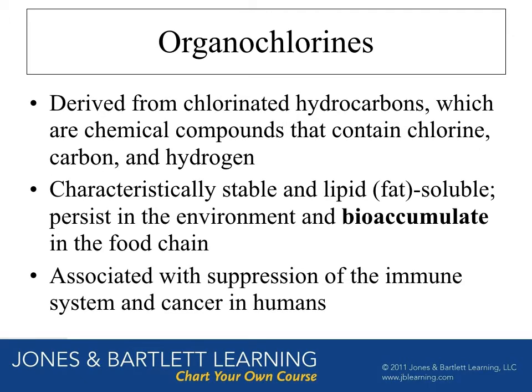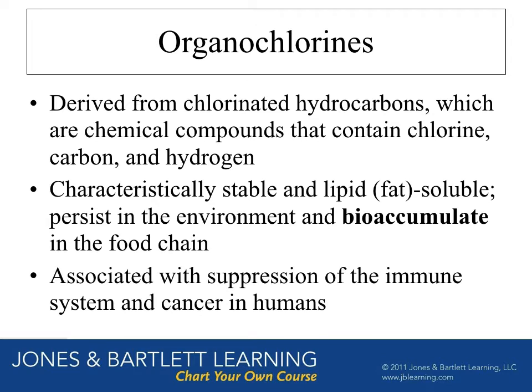Organochlorines are the second big category I want to talk about briefly. Derived from chlorinated hydrocarbons. You remember back to the first of the lecture where we showed the chemical structure slides. These are chemical compounds that contain chlorine, carbon, and hydrogen. Interestingly enough, as I mentioned briefly earlier, the chlorine tends to make it very stable in the environment. It also tends to make it very lipid soluble or fat soluble.